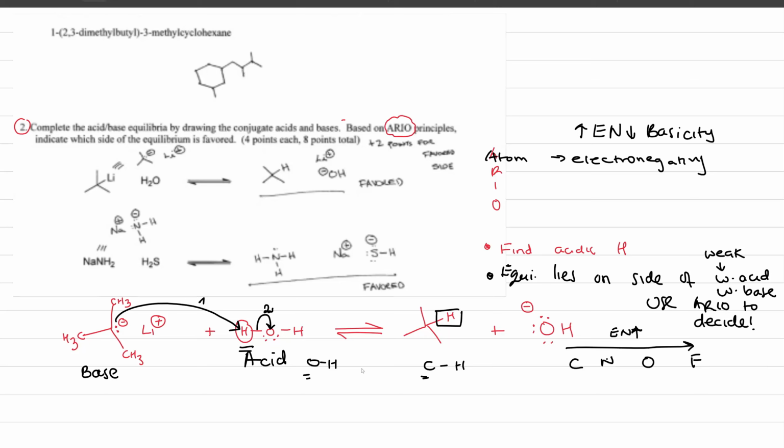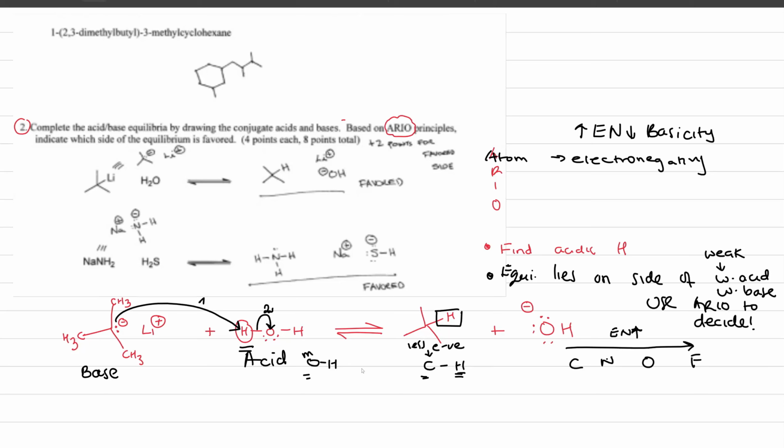Okay, so it favors the side that's weaker. So it favors the right side? It's gonna favor the right side, because the thing is, this one is less electronegative, making this one less acidic.